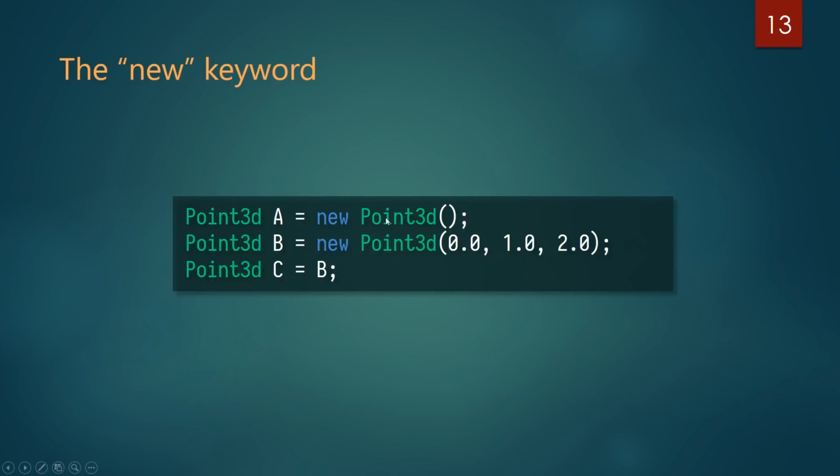So: new Point3d. Point3d is a special function, or a special command. If you don't know what a function is, just think of it as a command. The command always has the same name as the data type, and it optionally takes in a bunch of parameters inside the brackets. In this case, we write new Point3d with nothing inside the brackets. This will give us a point whose coordinates are 0, 0, 0. That's the default value if you don't supply anything, and we end the statement with a semicolon.